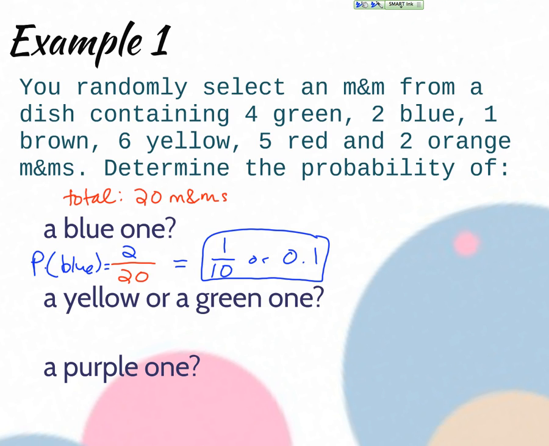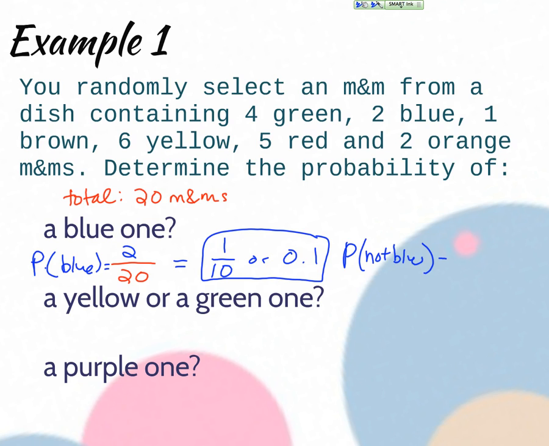Now, here's where I'm going to squeeze in that complement question. The complement question would be, what's the probability that it's not blue? You could add up all of the other ones, or again, you could realize that they're going to add up to be 20. So if we add up all the other ones, there are 18 M&Ms that are not blue.